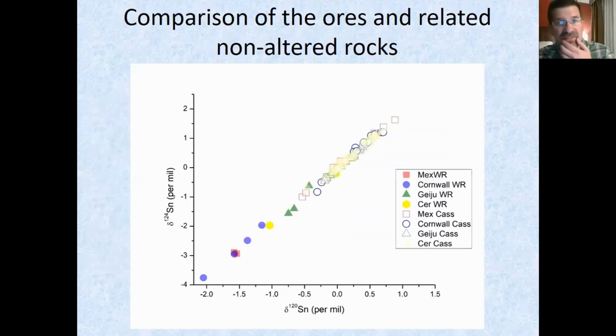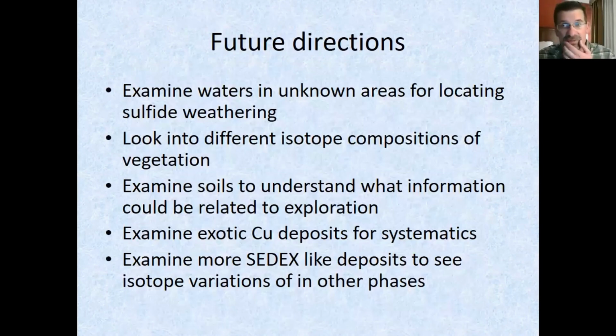Here I've got a comparison of the rocks and the ores, to make the point that the ores sit at higher values, which probably represent this oxidation reaction, and then the residual amount in the rocks has the lower isotope value. So there's probably some mass balance that exists there, and I think that's quite interesting. That would be an example of how you could use these metals in rocks to make some general relationships.